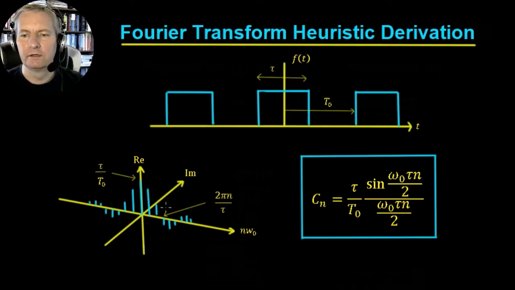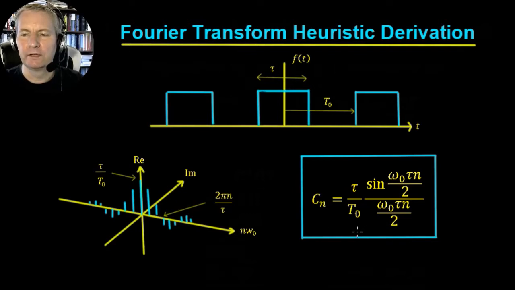And we've seen that its crossover point is given by 2 pi n upon tau, and the height there, Cn, is given by tau upon T0. And we know that the axis here is a discrete axis, so it's multiples of a fundamental frequency omega naught, so the axis is n omega naught.